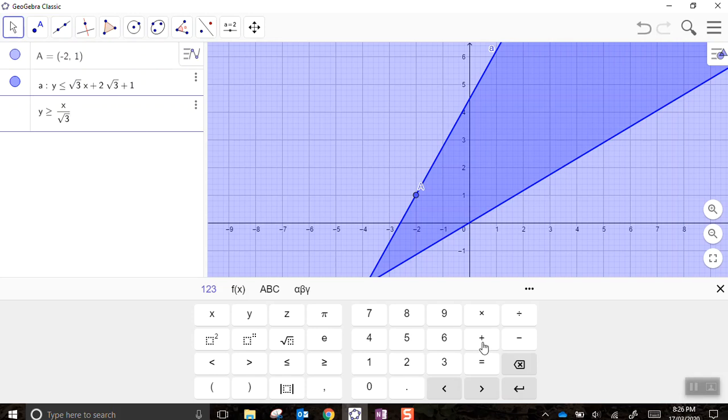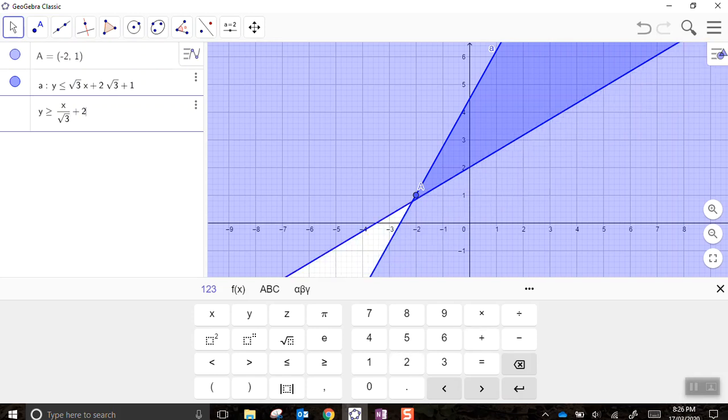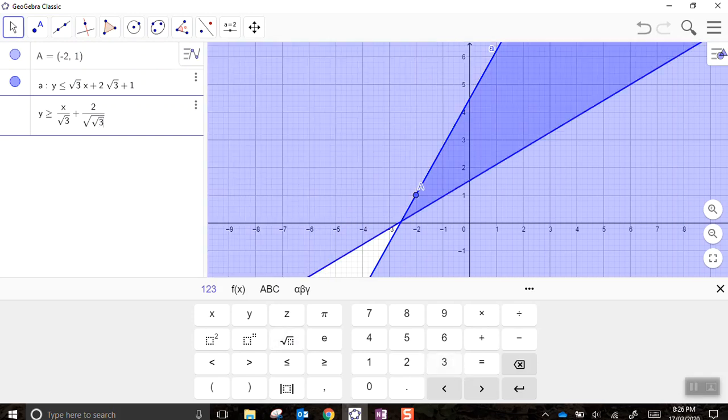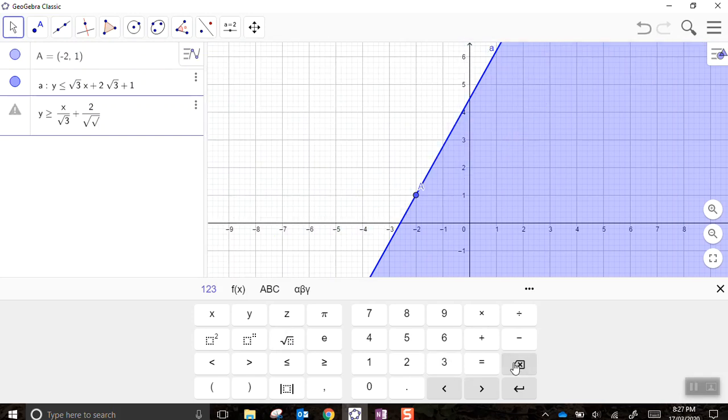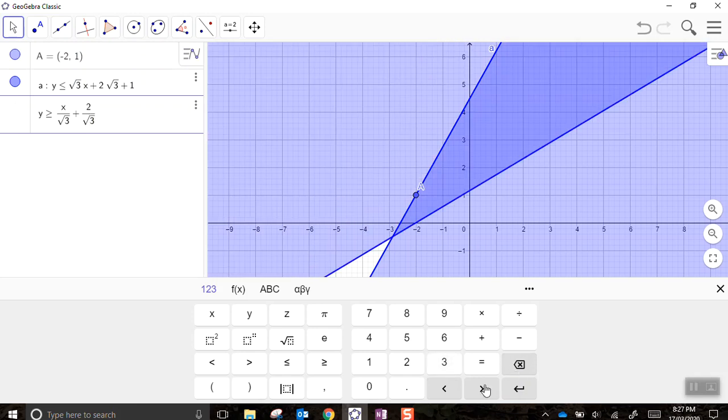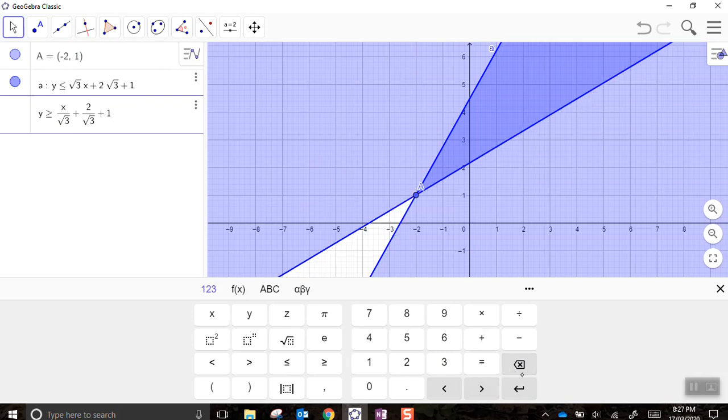Plus 2 over root 3. Oh, it's touching twice, this pen. That's it. Cross your fingers, plus 1, see if this works. Enter. That's better. Now, of course, GeoGebra doesn't realise that I want a combination.